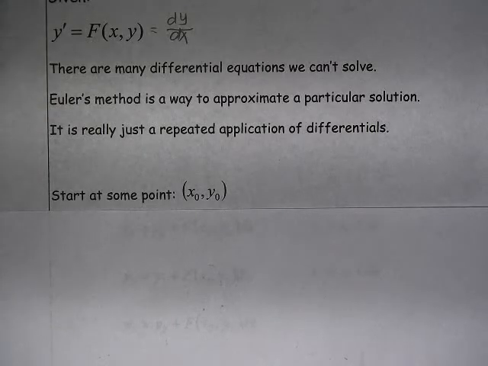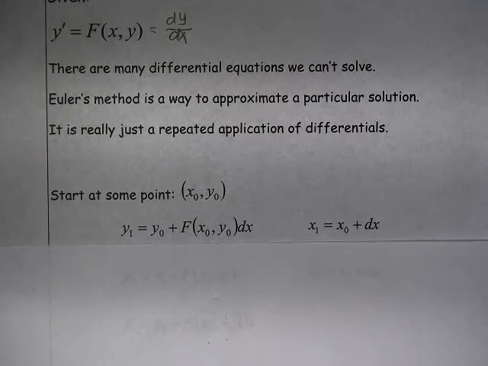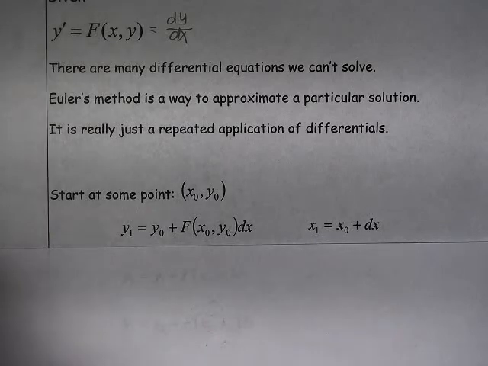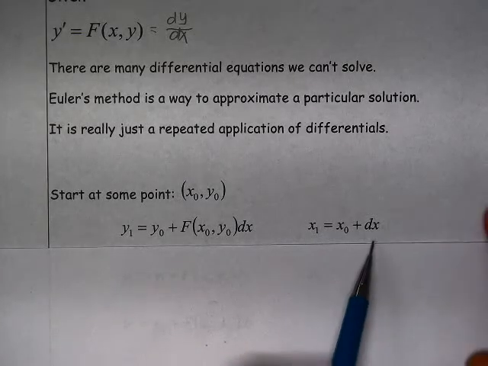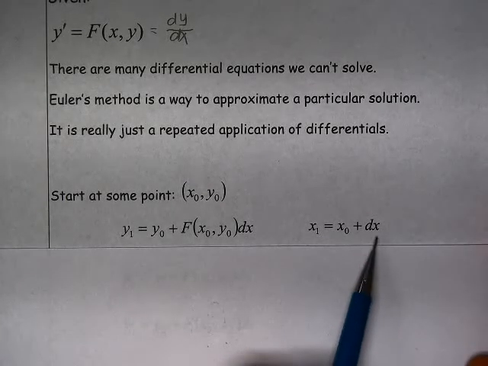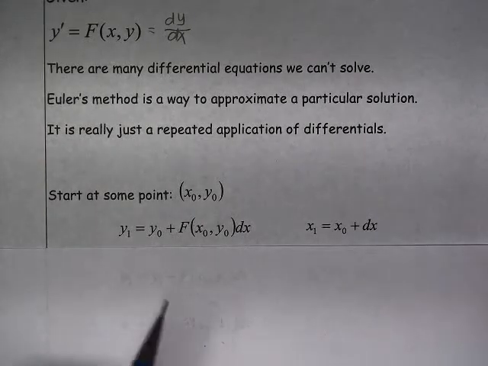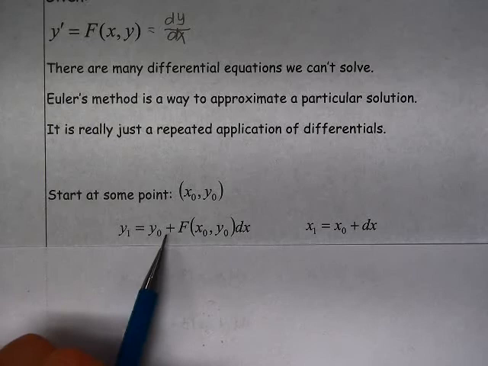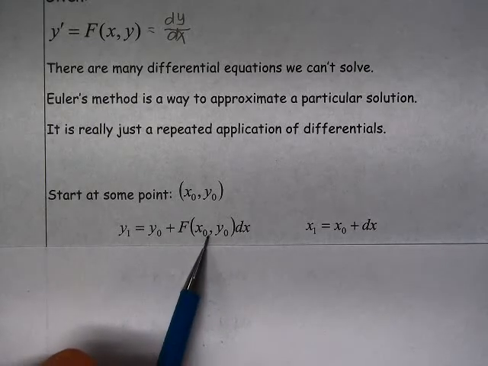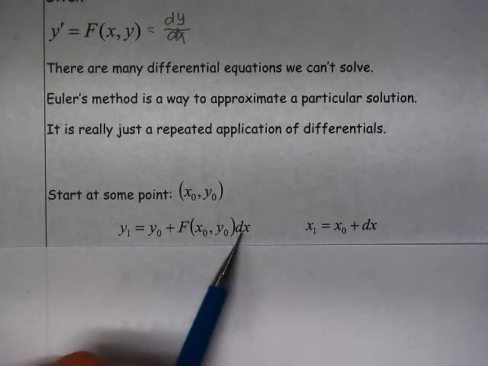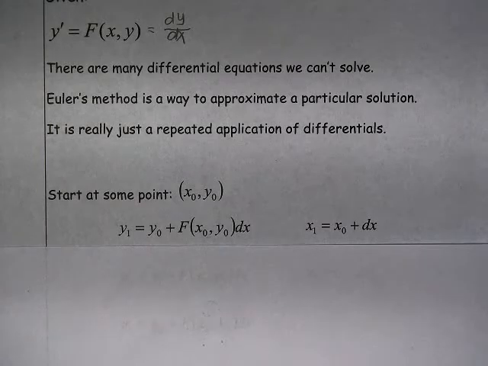All right, so we're starting at this point, and in order to get a new y value, we're going to move some distance over horizontally to a new x value, and we're going to take the old y value and add the slope at the point we know times the change in x, or the differential of x.